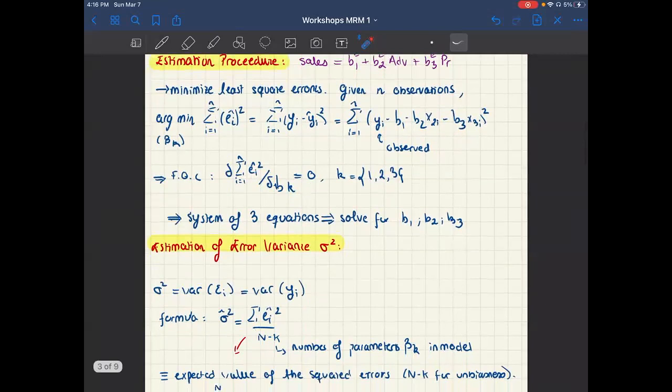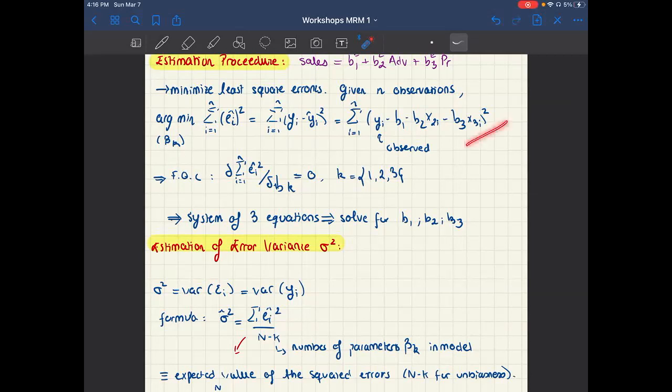As I said before, I'm minimizing the squares of the error terms. The reason is that if I have a positive error term and a negative error term, when I sum them up they might just cancel out, and it will show as if there is no error, when in fact there is. So we square everything to make sure that we don't run into that confusion.